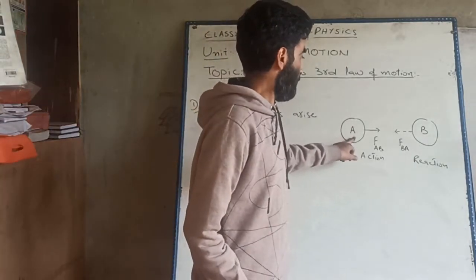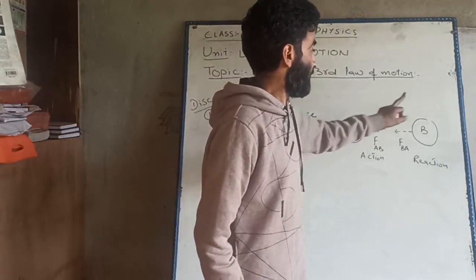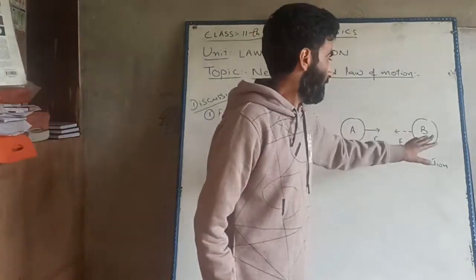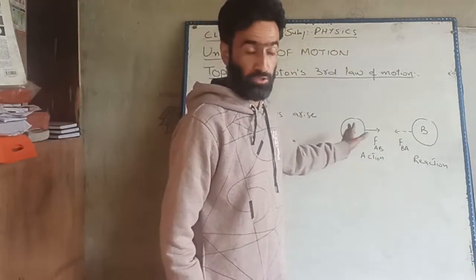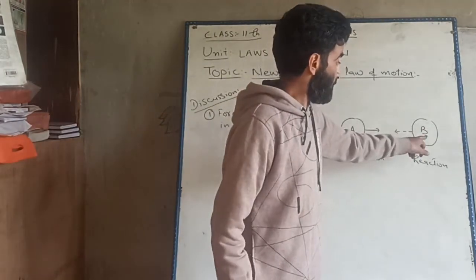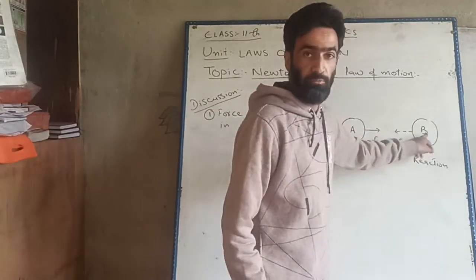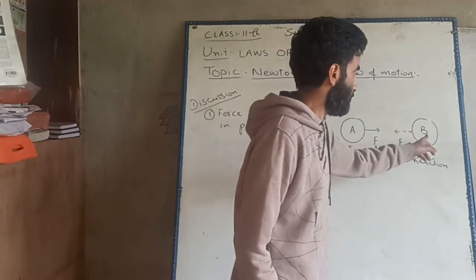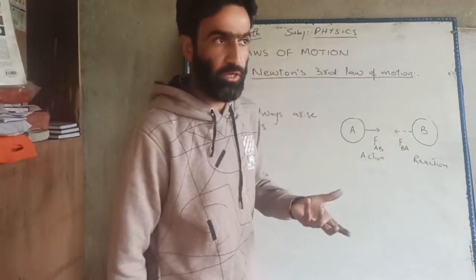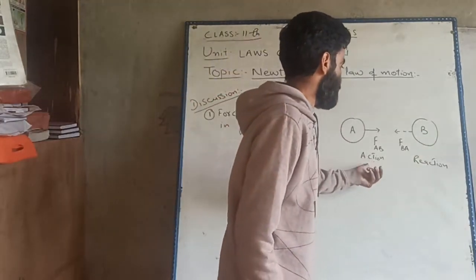If body A strikes body B, this is a force. Then there is a force reacted by body B, a reactive force provided by body B. So there is action and reaction.